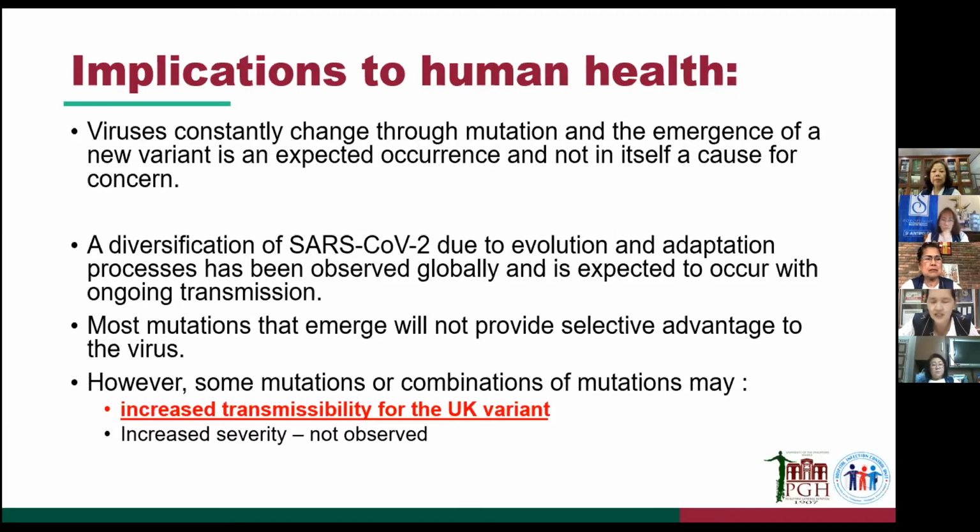So most of these mutations are minor, but for this particular UK variant, nakita nga na it seems to increase transmissibility. So that means it gave the virus through the mutation that capacity to be more transmissible. Parang na-evade niya yung usual defenses ng human person.